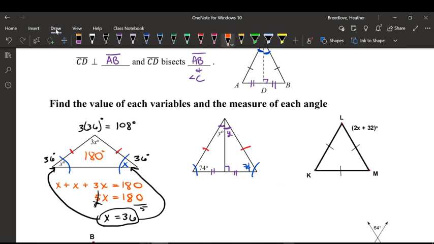So the simplest way would be if I start with 180 and I subtract what I know, right? So I subtract 74, and then I subtract the other 74, the two base angles. That tells me I have 32 degrees left over for the third angle of the large triangle.